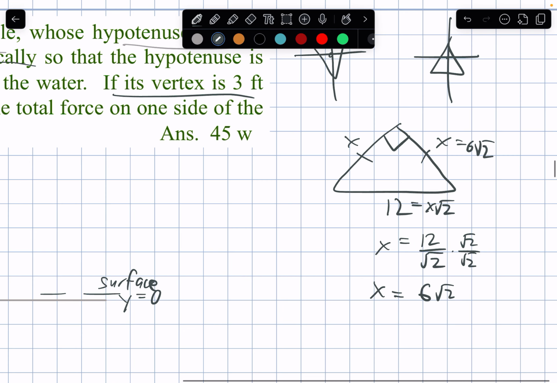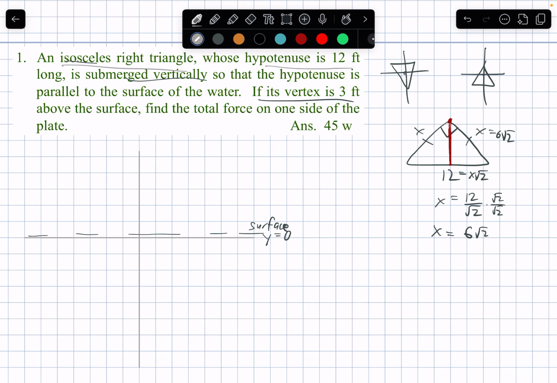We want to identify the length of this line, from the vertex over here to the midpoint of the hypotenuse. How do we determine that? So let's draw first the triangle in the Cartesian plane.